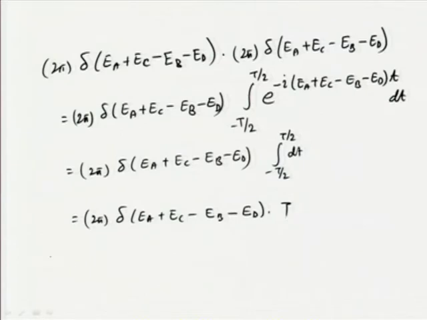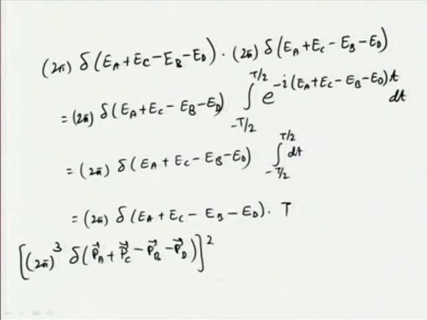In a similar way, we get (2π)^4, not (2π)^4, sorry, we have taken the time part and energy part away, only the 3-momentum now: the square of (P_a + P_c − P_b − P_d), let me denote it as a square, equals one of the delta functions as it is, δ(P_a + P_c − P_b − P_d), and then the conjugate variable, which is basically the space coordinate.